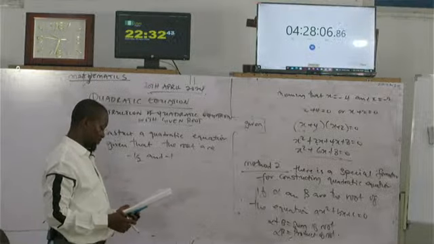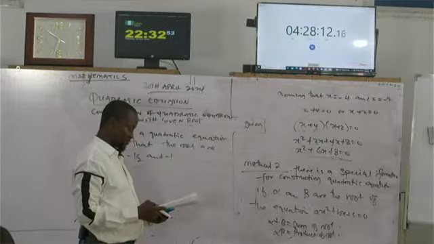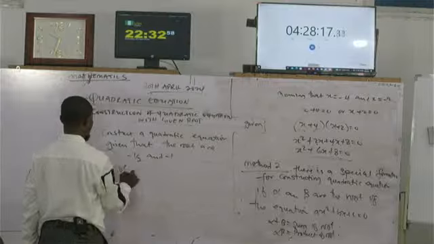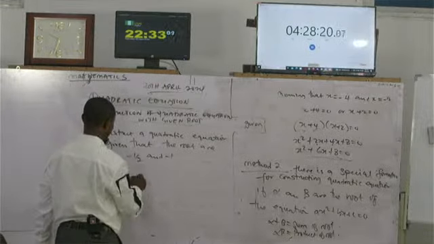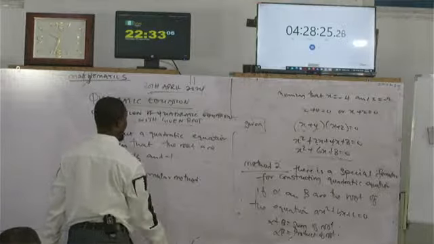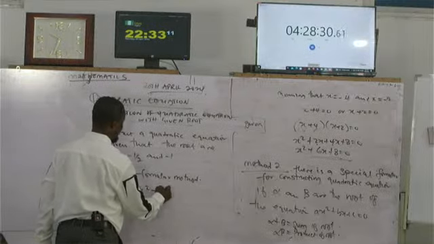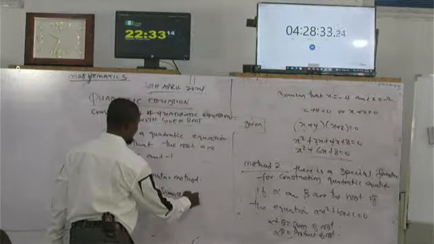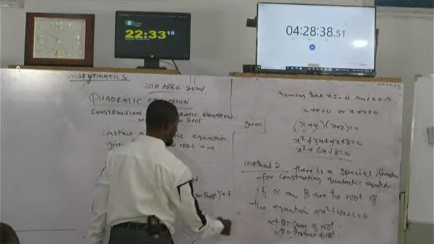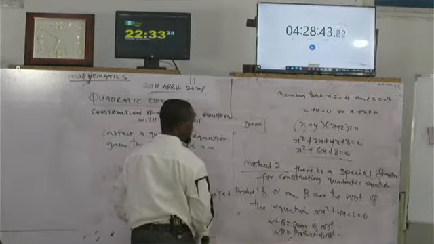This one has a fraction. So using the formula method, x squared minus the sum of the given roots, x plus the product.